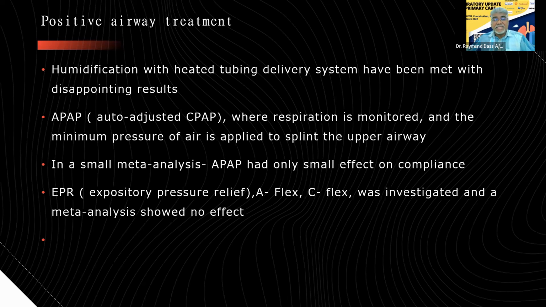So expiratory pressure relief comes in handy: the machine detects your expiratory cycle and reduces the pressure from 10 to perhaps 7 centimeters of water, depending on how you set it. That gives you a little bit of relief during the expiratory cycle, in simple terms.